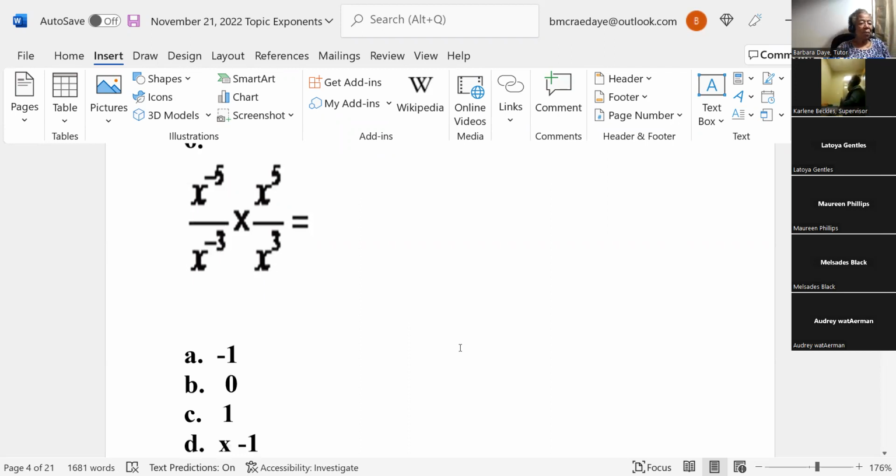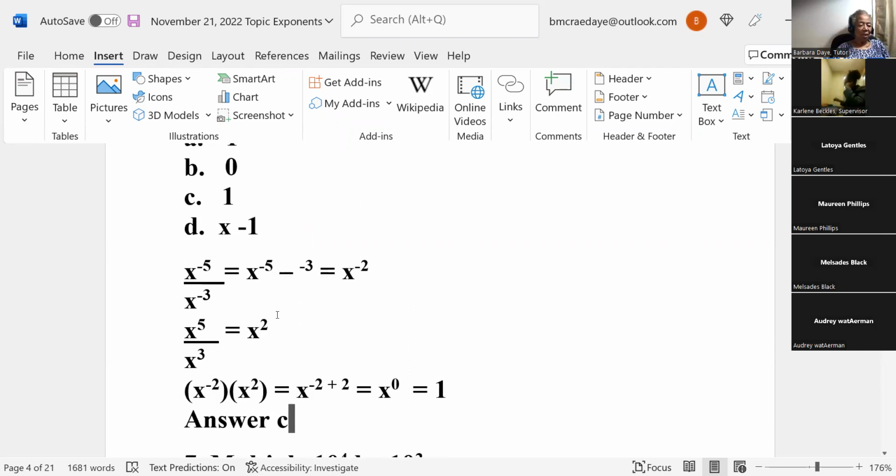And then we multiplied the results, right? Because we got x to the -2 for the first division, x to the +2 for the second one. And then we multiplied, you add the exponents. -2 and +2 gives you 0. Any variable, a number, or combination to the 0 power is 1.